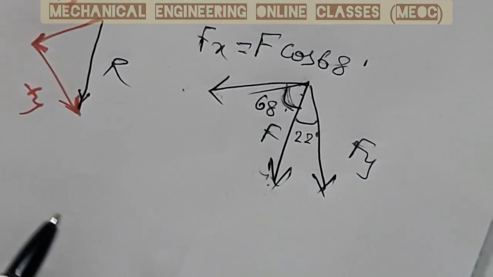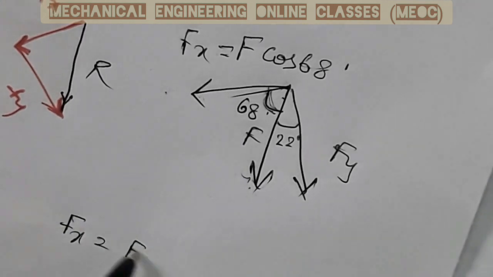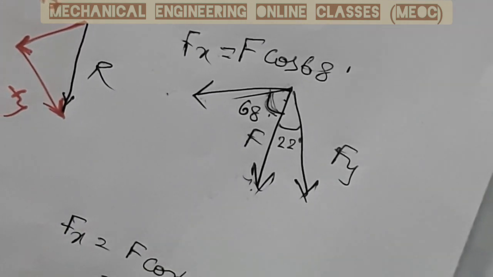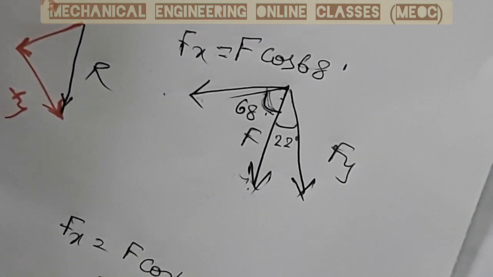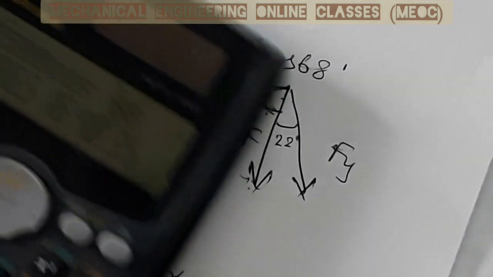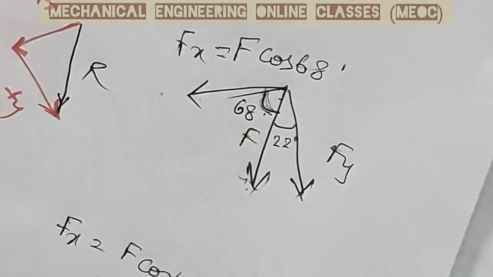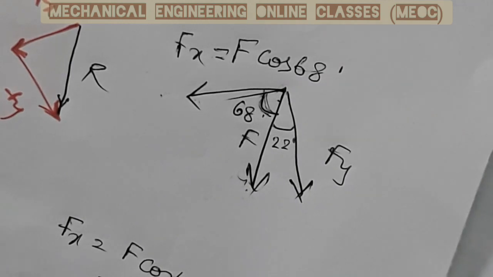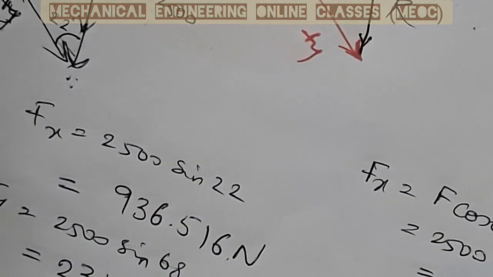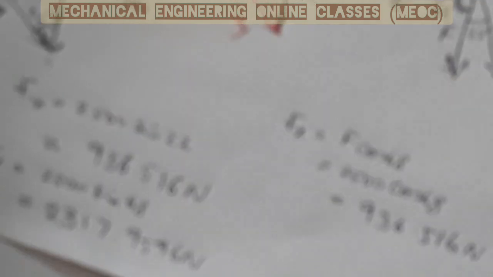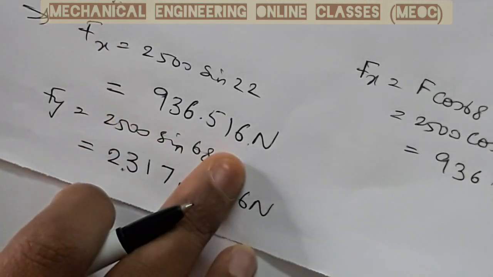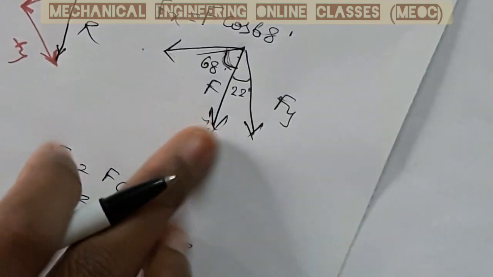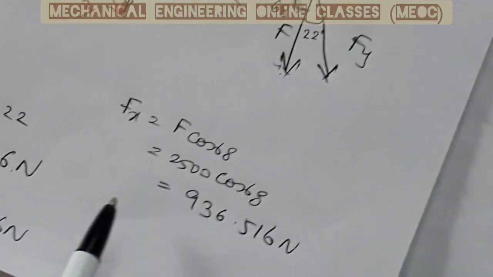F cos 68 is nothing but 2500 into cos 68. We get the same 936.5. Fx from the force triangle we obtained this way, 936.51. From this, straight away taking the horizontal component, you got the same answer.